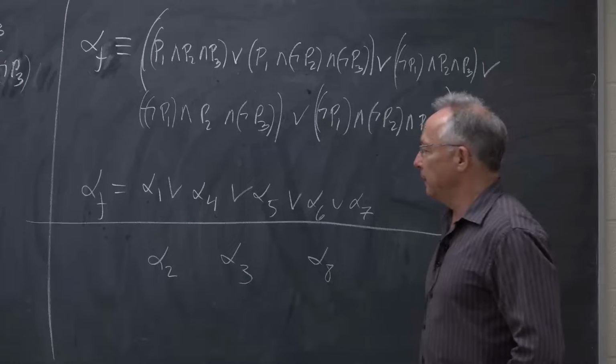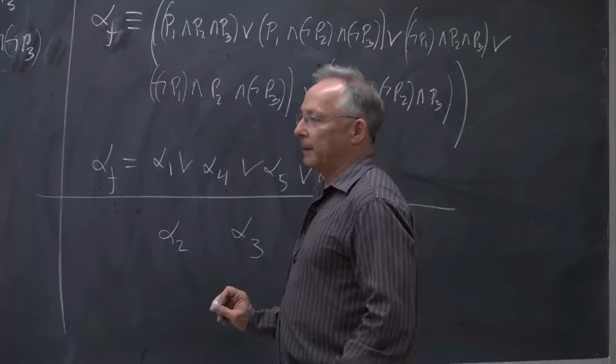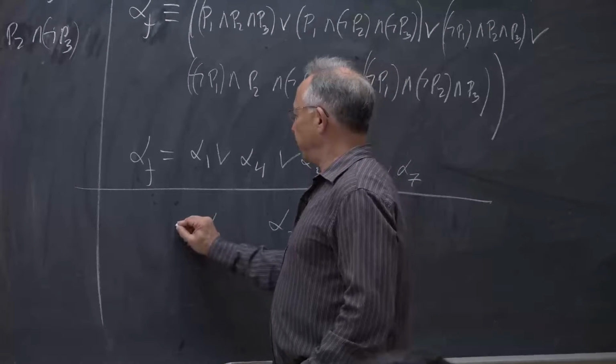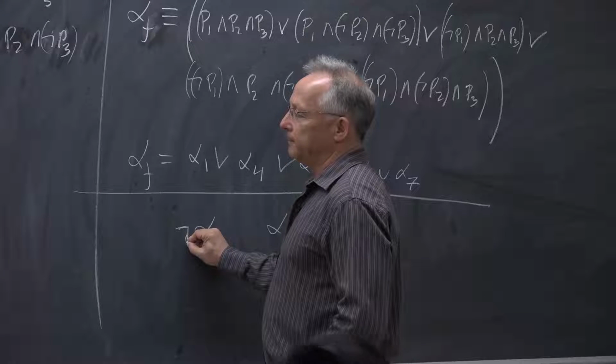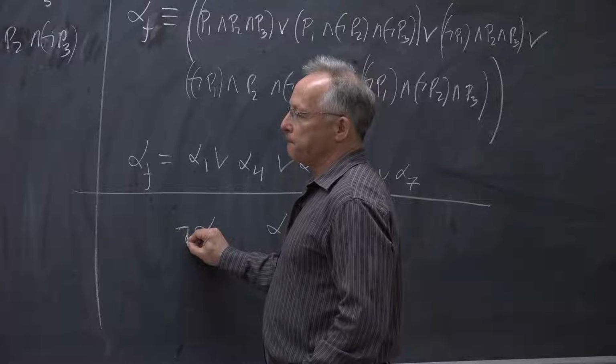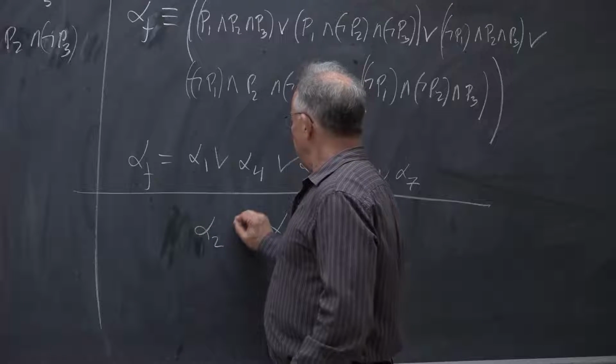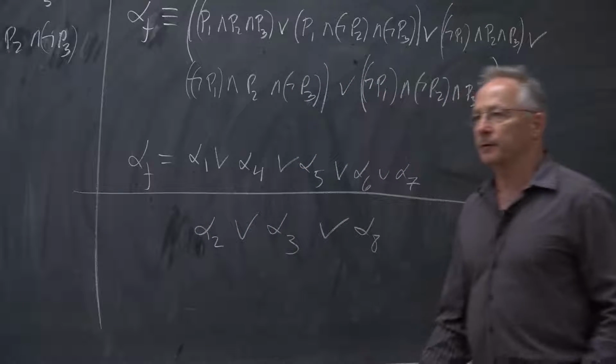So I can say, I'll get true if this one fails. I'll get f if one of those holds.